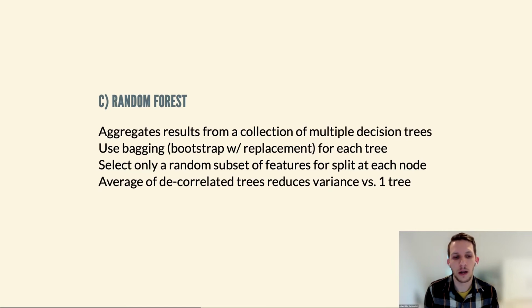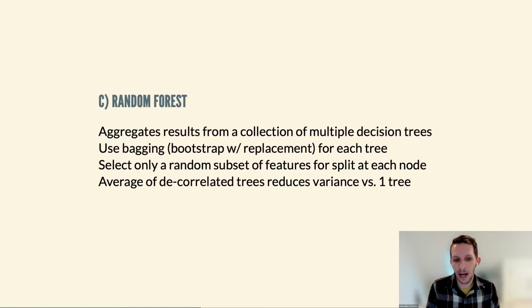Furthermore, for every split within the individual trees, only a random subset of features is considered for the splitting criterion. The reason this is done is to decorrelate the different trees. Otherwise, you would have a structure in every tree that's very, very similar.